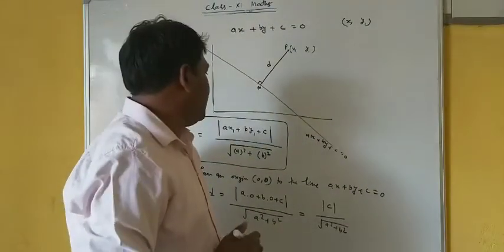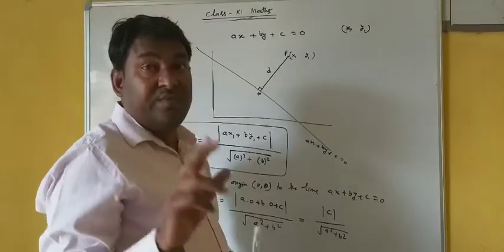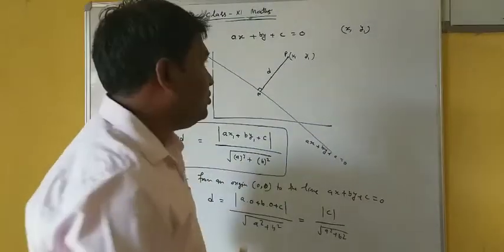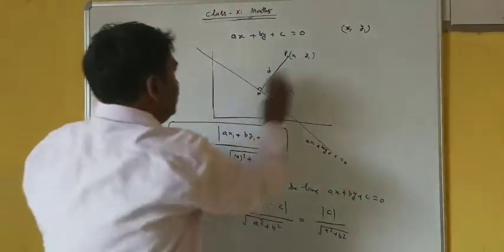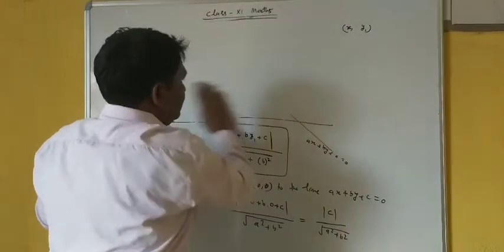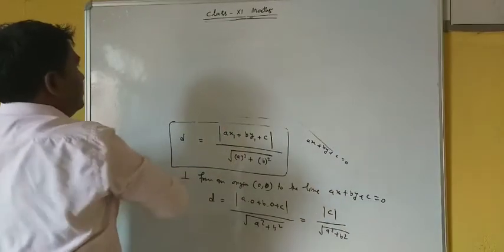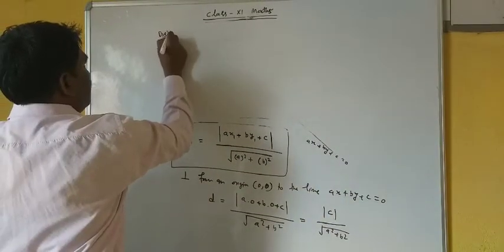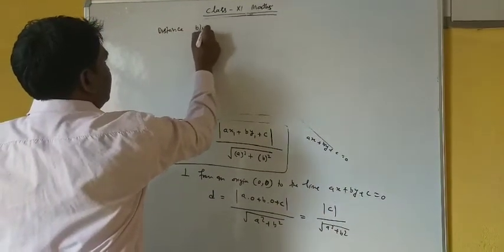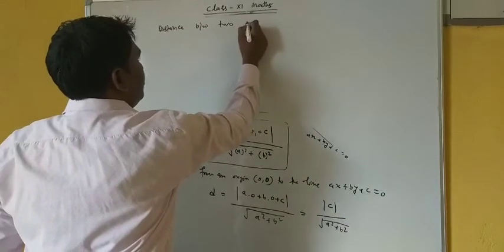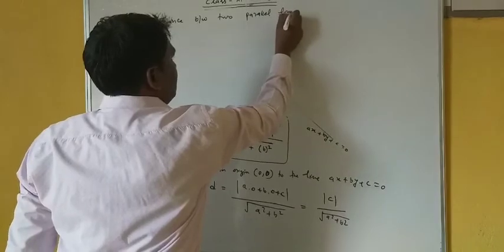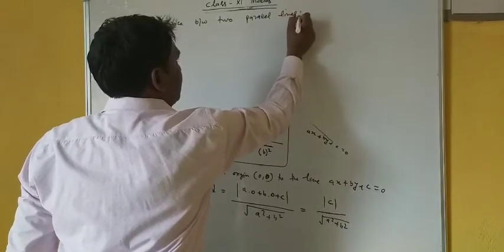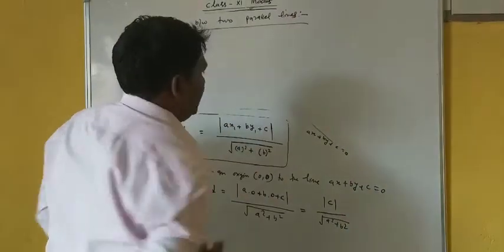Now the problem is what will happen if two lines are given. So next is the distance between two parallel lines.